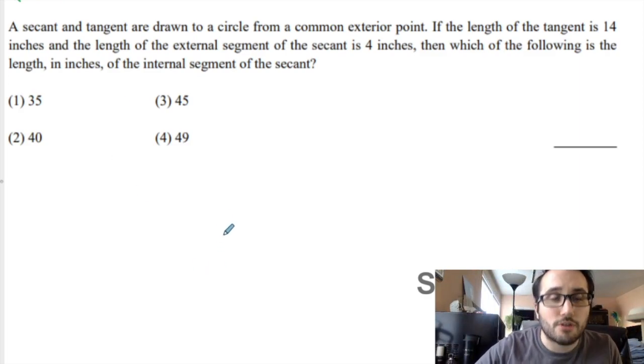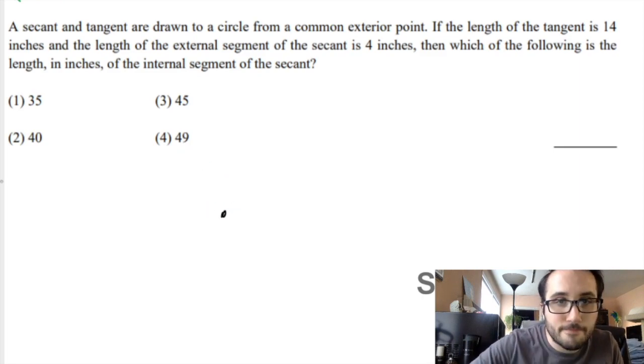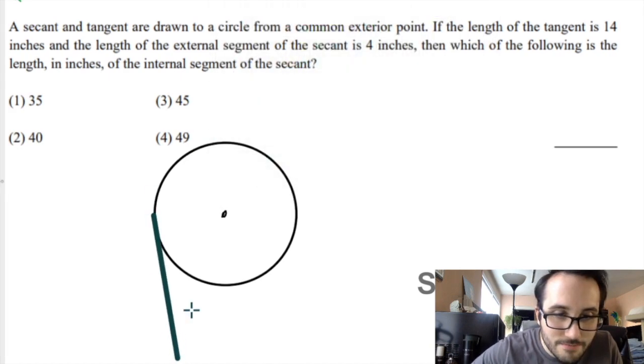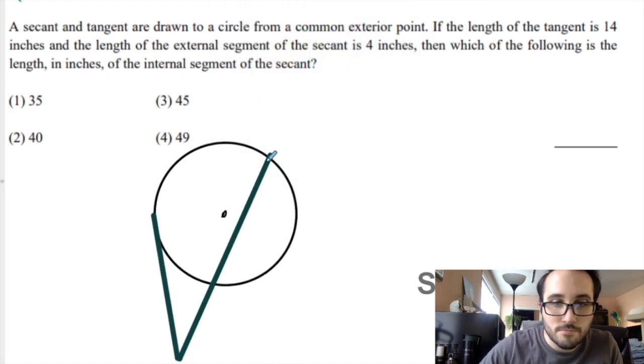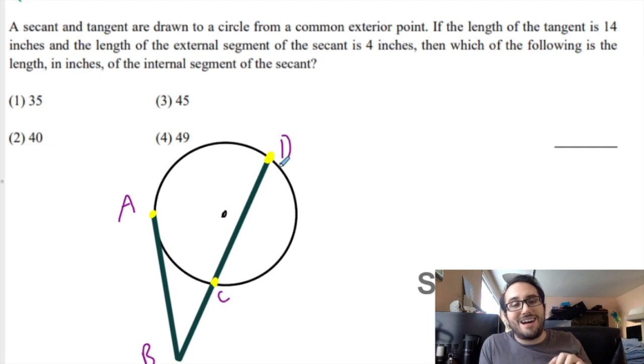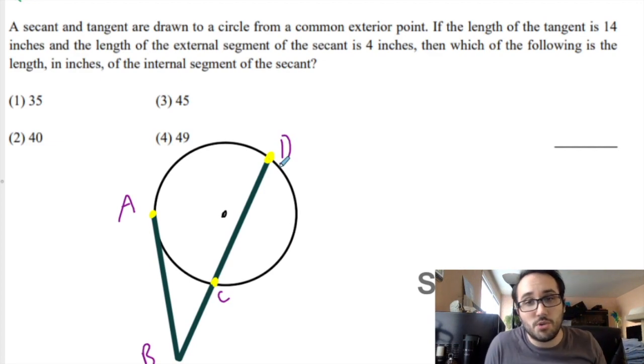So I'm going to draw my circle a little bit differently just to show you that it doesn't matter what the circle looks like. Alright, you can also see that I labeled it. I think that's going to help us out so that we can be a little bit more exact. So let's continue on with the question.